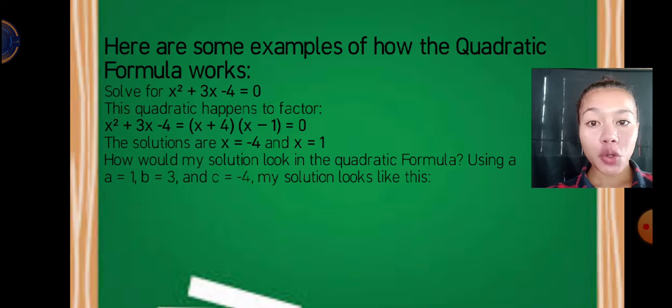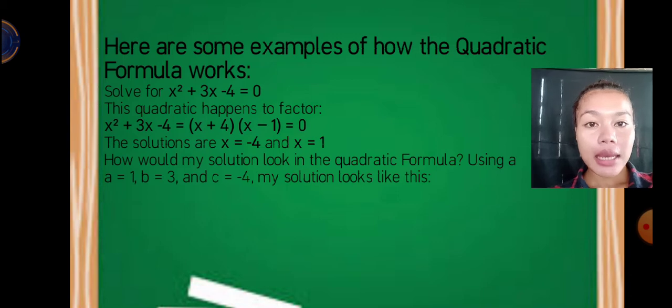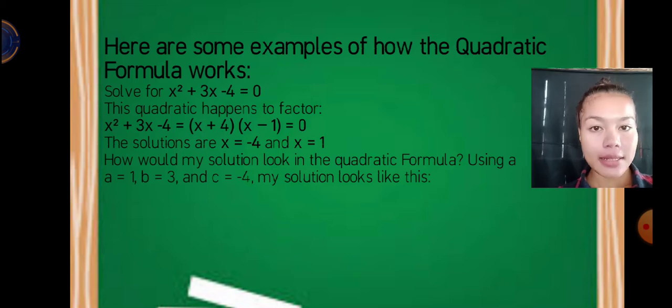How would my solution look in the quadratic formula? Using a is equal to 1, which is the coefficient of x squared, there is an imaginary 1, so a is equal to 1, then b is equal to 3, and c is negative 4. My solution looks like this.